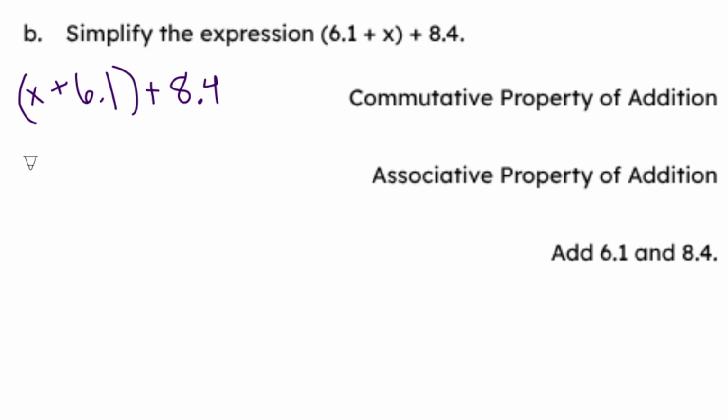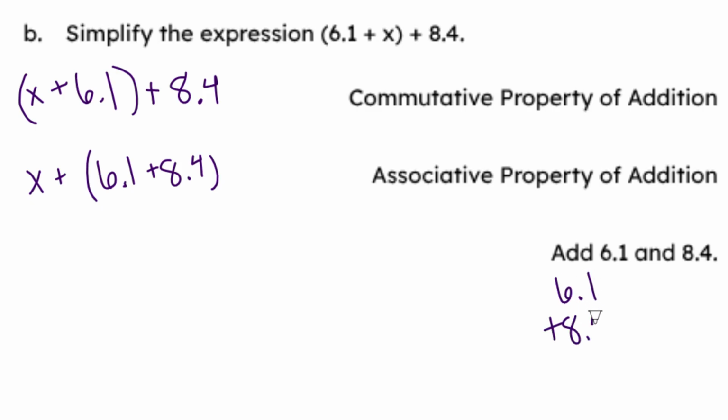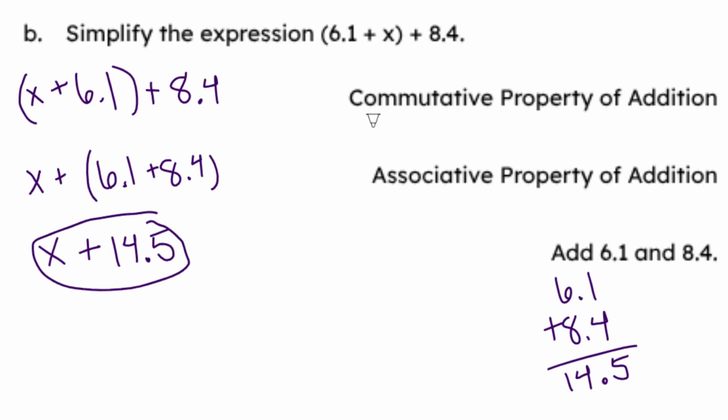Then I'm going to use the associative property to say that I'm going to add 6 and 1/10 plus 8 and 4/10 first. That is 14 and 5/10. So my answer is x plus 14 and 5/10. And I'm done. I can't do anything else until I know what x is.